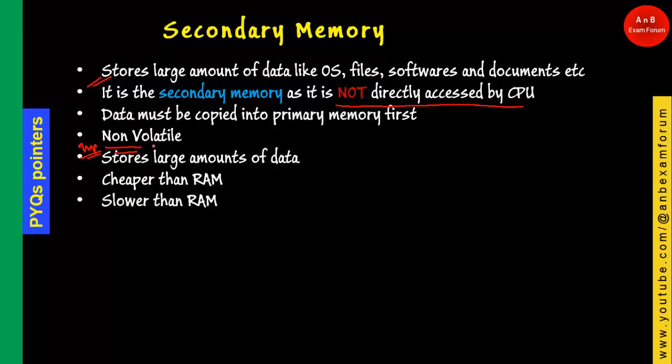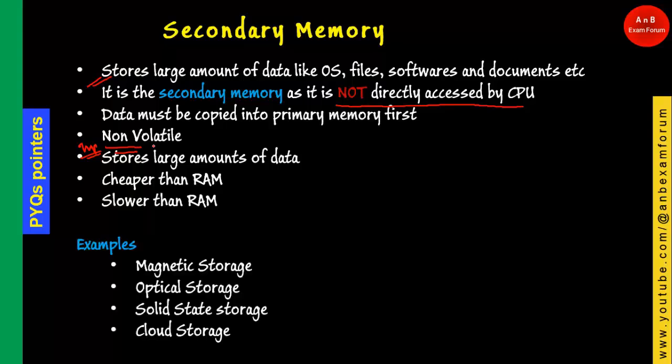These are the common things that everybody knows. And the examples you should remember, there are four examples of secondary memory: magnetic storage, optical storage, solid state storage and cloud storage. We are going to see each of these storage types in the upcoming slides.